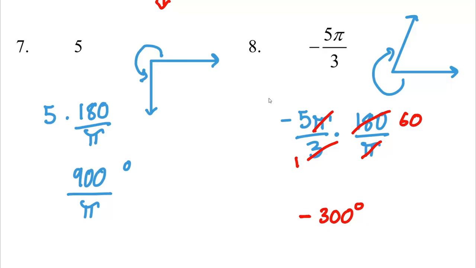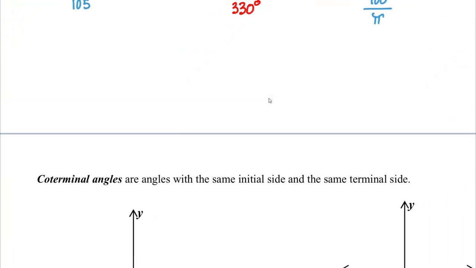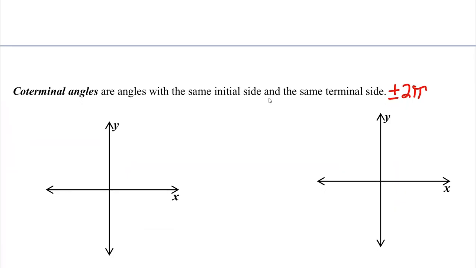Okay, let's go. So next thing we're going to talk about is what we call coterminal angles. The terminal side is where we end. So coterminal angles are basically angles that have the same ending spot. Essentially, coterminal angles are when we add or subtract 2 pi, because 2 pi is going all the way around the circle.